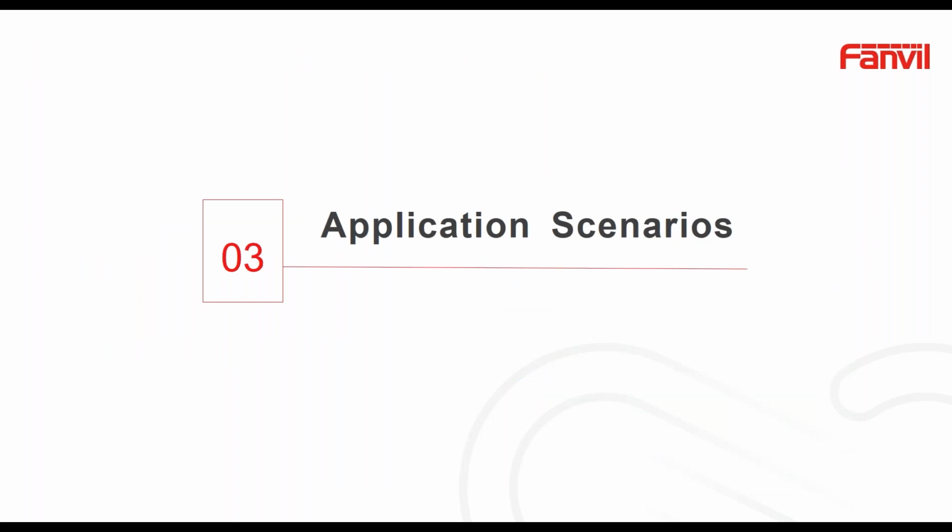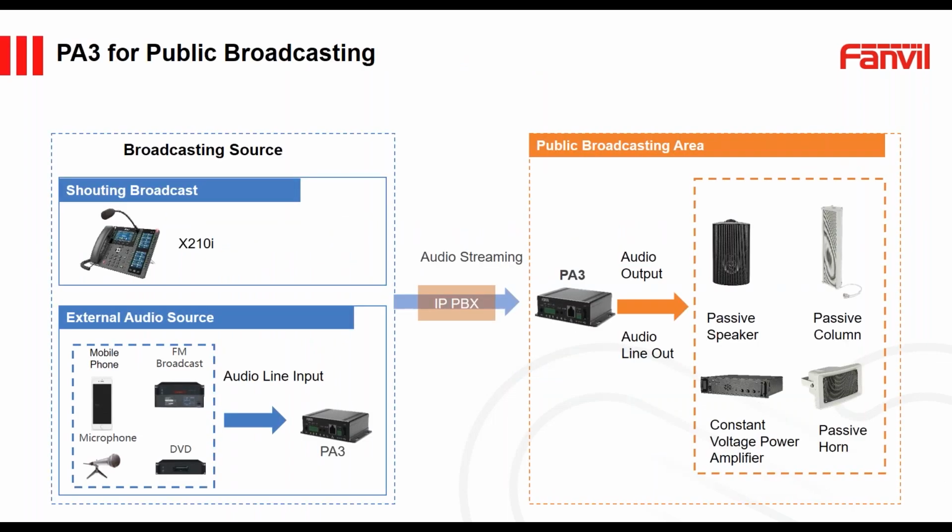So, application scenarios. Here's a quick overview or system outline that tells you where you can put these things. Again, this is a visual representation of what I mentioned earlier. You can have a lot of broadcasting sources, ranging anywhere from a live microphone to a mobile phone and FM broadcasting, into perhaps an IPPBX that streams into the PA3.